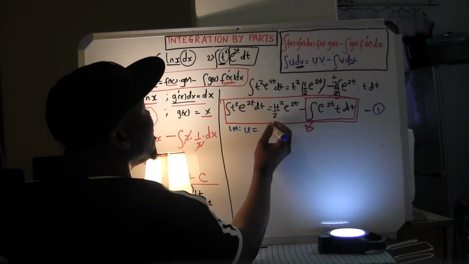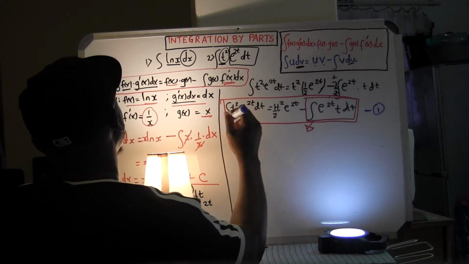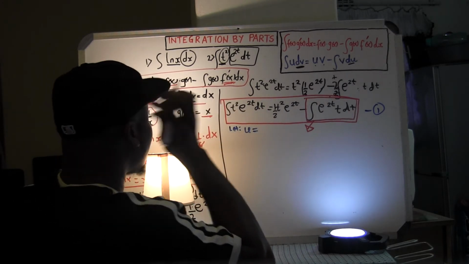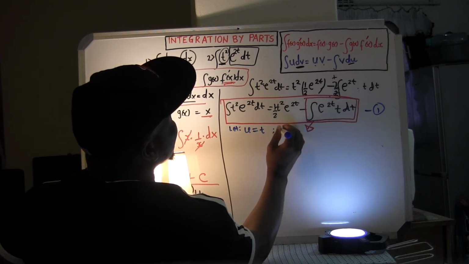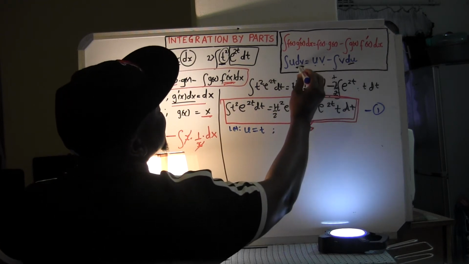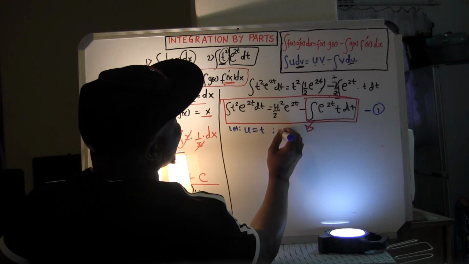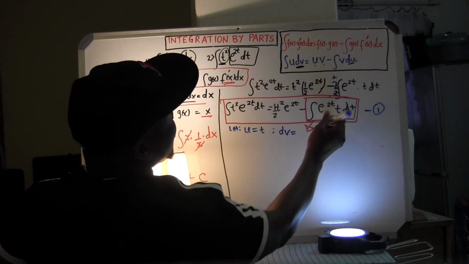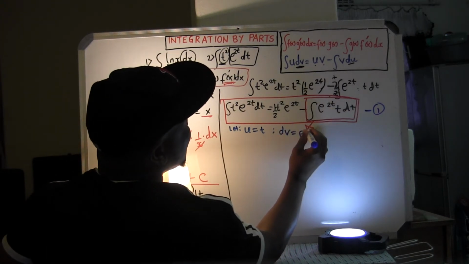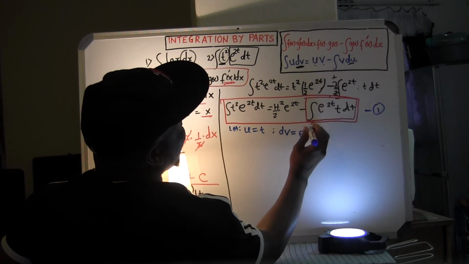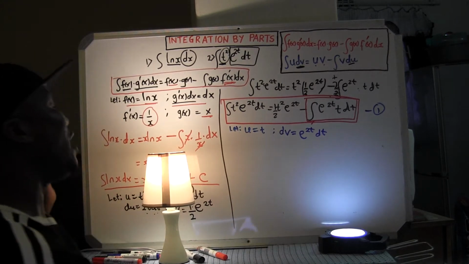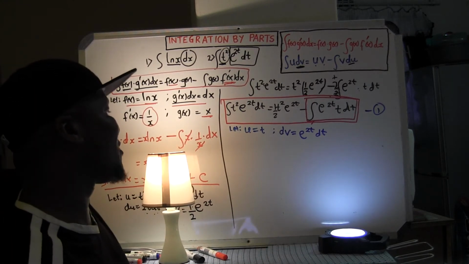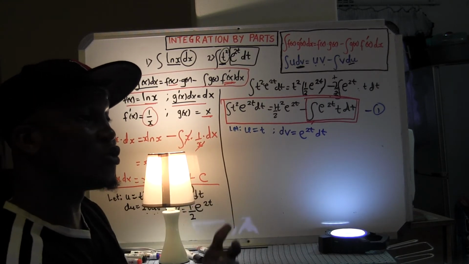So let u equal to t, and dv equal to e to 2t dt. How do you know which one is going to be u and which one dv? The more questions you do, the more you're going to get used to it.